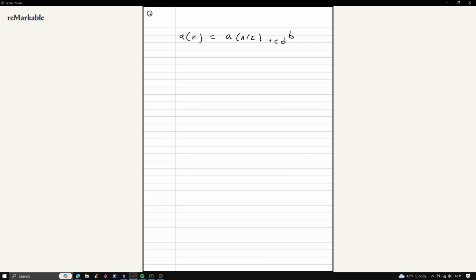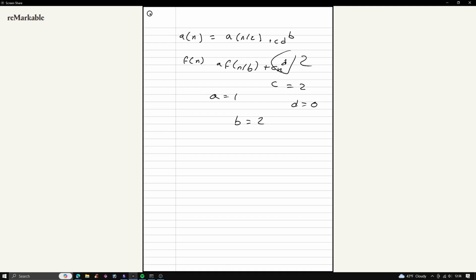We just look at the values and remember what f looks like. f of n is a f of n over b plus c n to the d. Since this is all 2, it means that C has to be 2 and D has to be 0. A is 1 and B obviously is going to be 2.